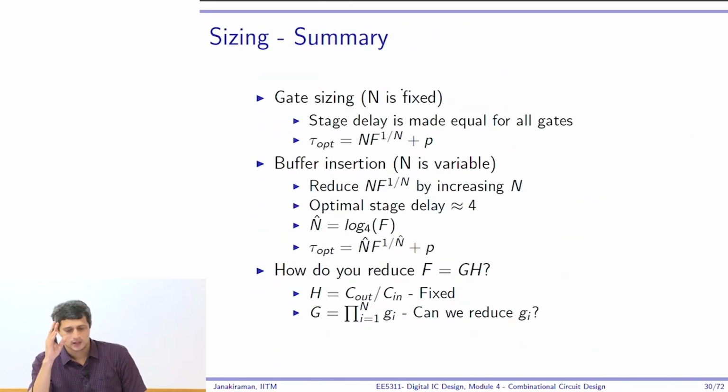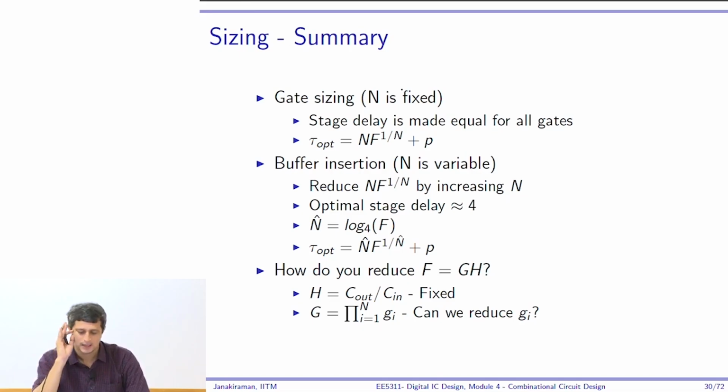So let me just quickly summarize the gate sizing problem that we looked at. So gate sizing, if n is fixed, that is the number of gates in the path are fixed, then the stage effort should be made equal for all the gates. That is, the optimal delay is n f power 1 by n plus capital P, not small p here. If n is variable, I can do something about n, then I reduce n into f power 1 by n by increasing n. Right? This is the counterintuitive part. Optimal stage effort should be approximately 4.